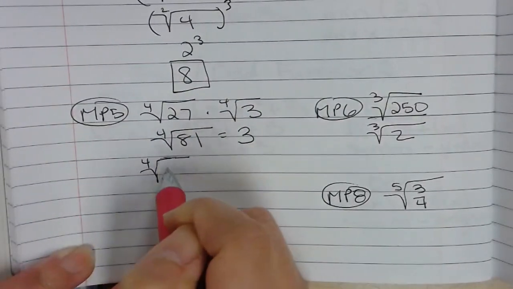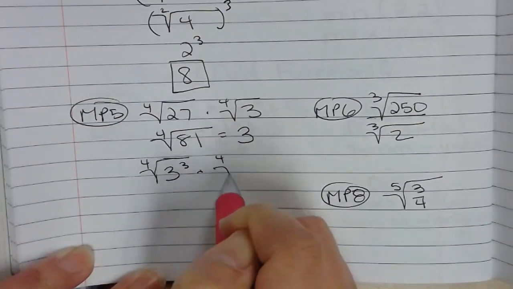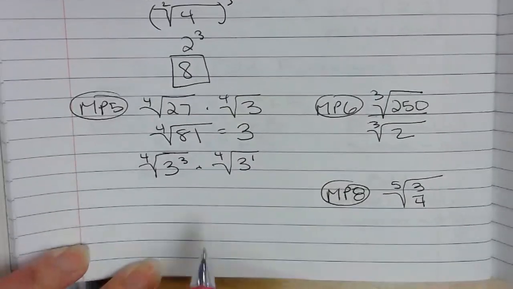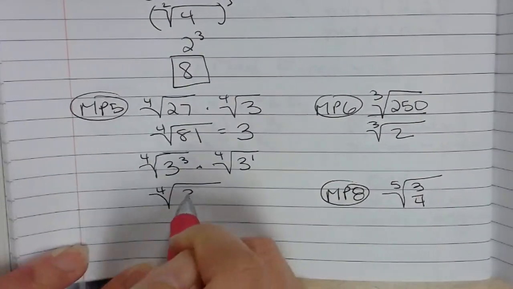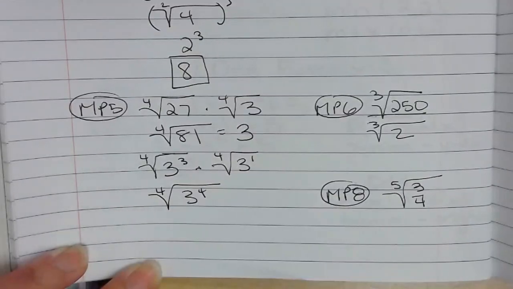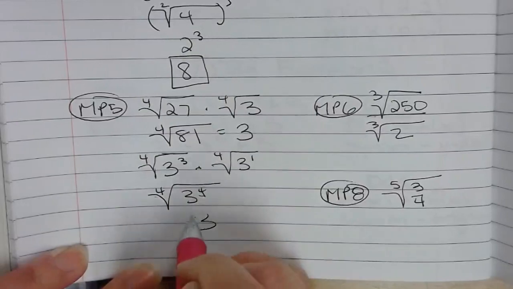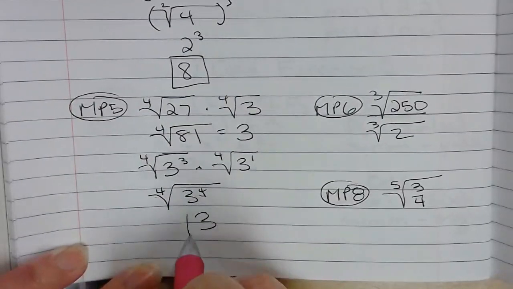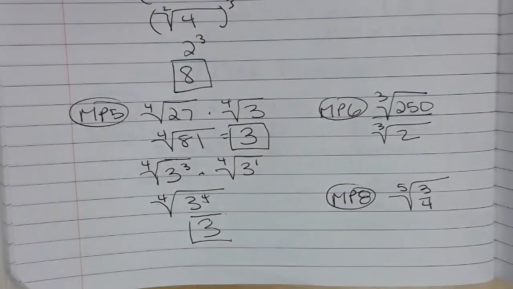I know that 27 is 3 to the 3rd power. Then I know that when I multiply, I'm going to add them. So it's actually 3 to the 4th power. And then the powers are the same, so it just pops out, and the answer is 3. Either way, you'll come up with the same answer.